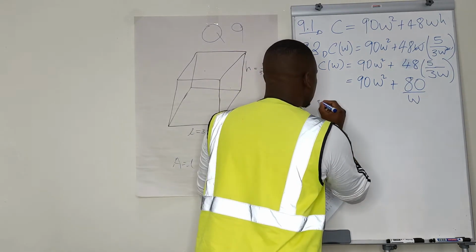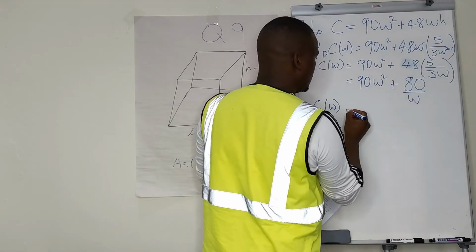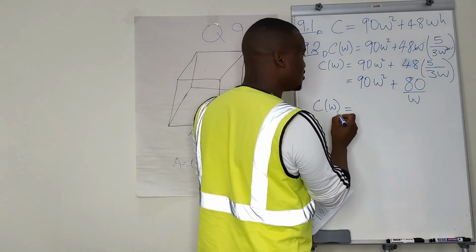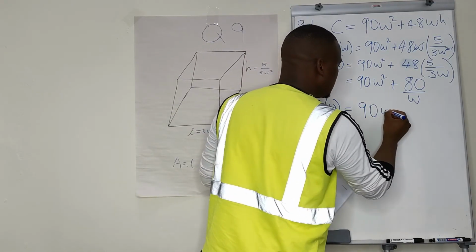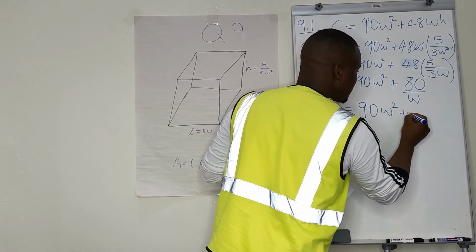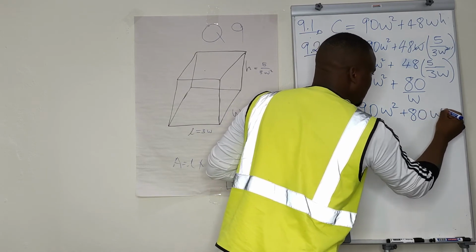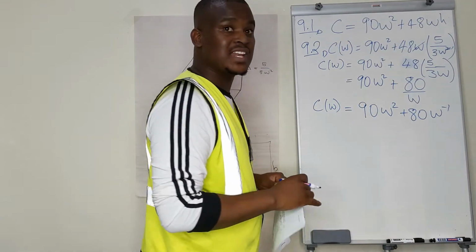So the cost as a function of w is equal to 90w squared plus 80w raised to negative 1. Then now you can derive.